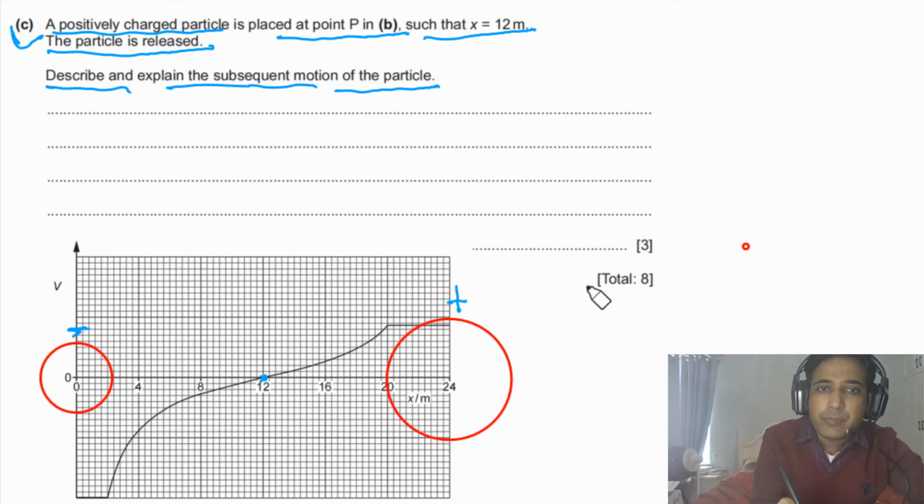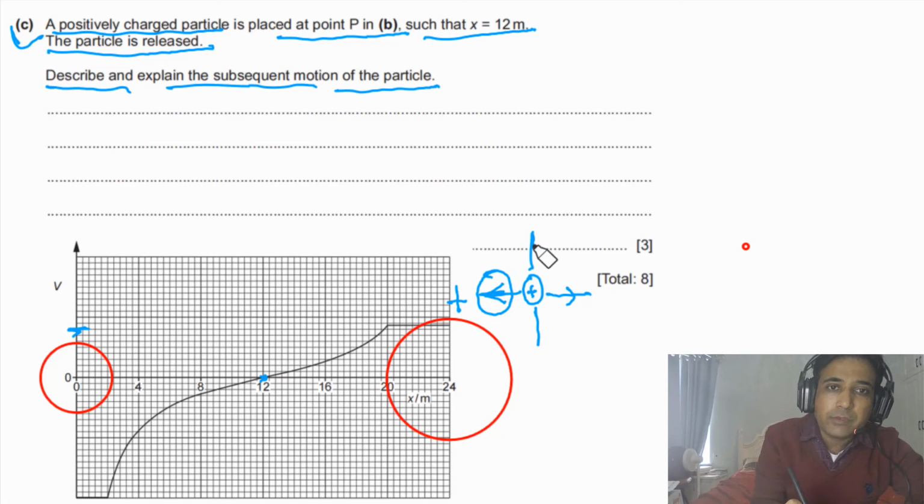If we have a positive point charge, the electric field will be pointing away from it. We are looking on this side, so the electric field here is to the left. Here it will be upwards, and here it will be downwards at this point.